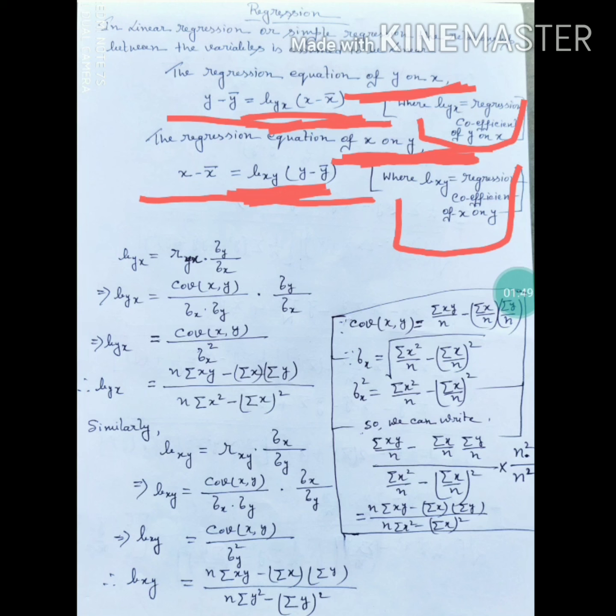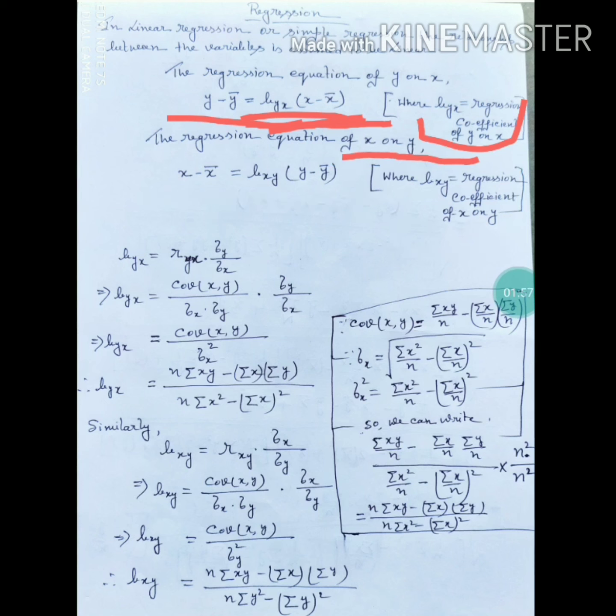Now come to the next formula that I have written, byx, the regression coefficient of y on x. The formula I have written is ryx into sigma y divided by sigma x. You know what ryx is, the correlation coefficient between the two variables x and y, sigma y is the standard deviation of y, and sigma x is the standard deviation of x.